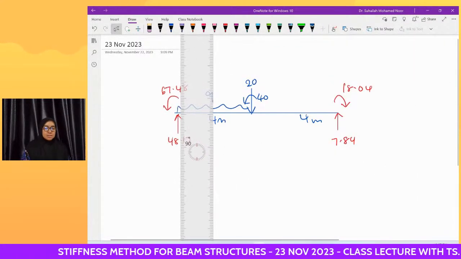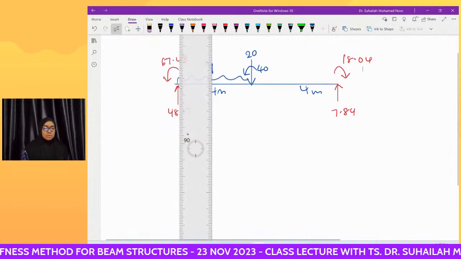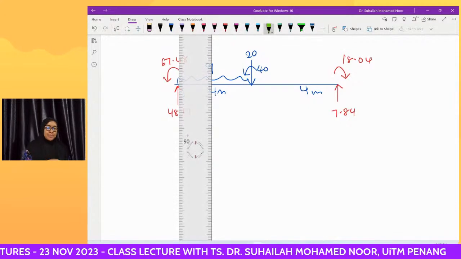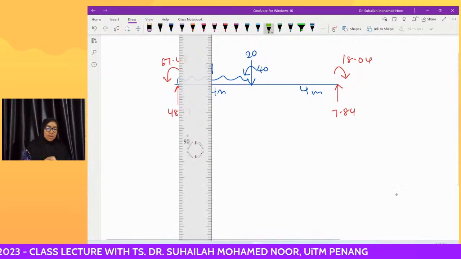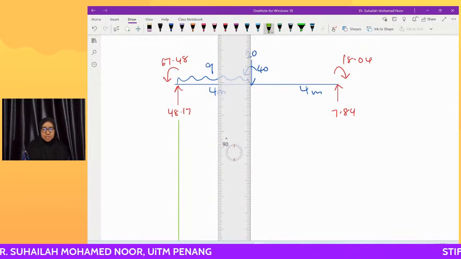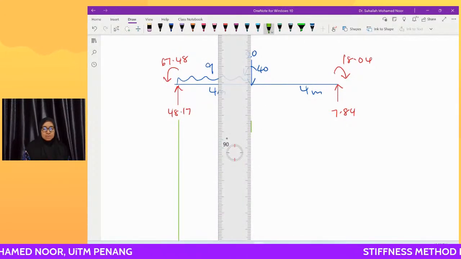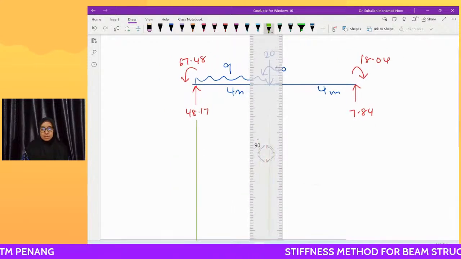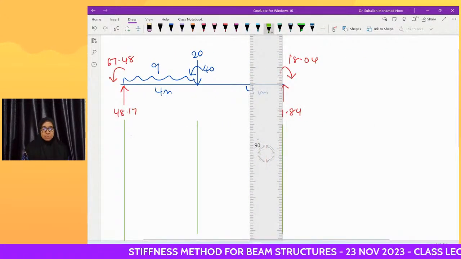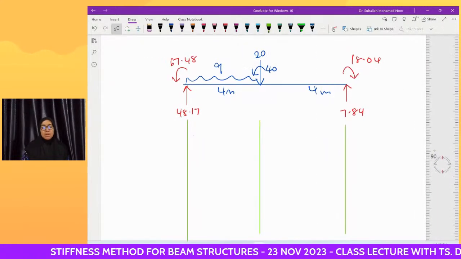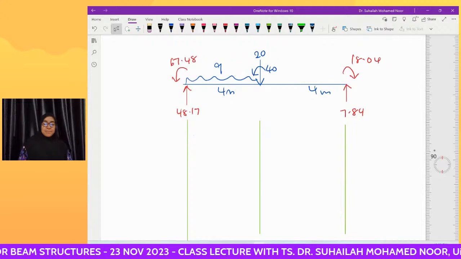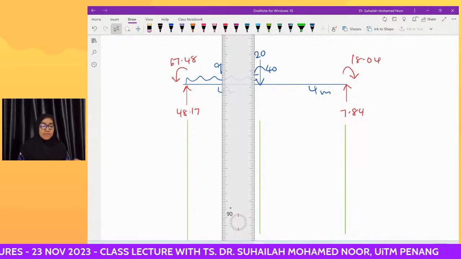So for the diagram, I just draw the grid line first. Assume that this is equal, 4 meters, 4 meters.